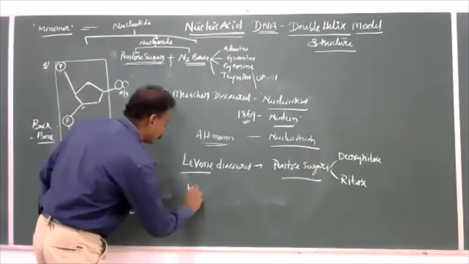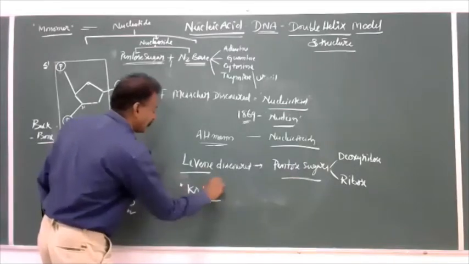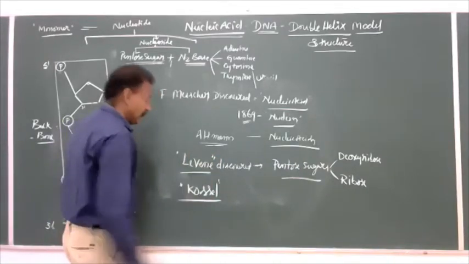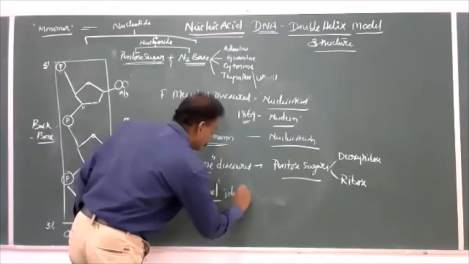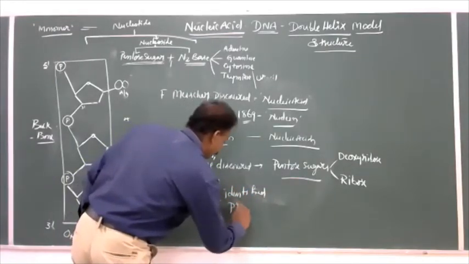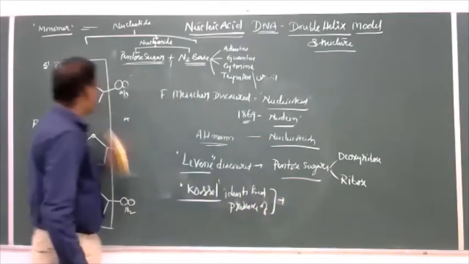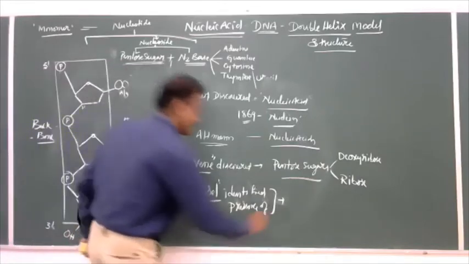So gradually, Kossel identified the presence of purines and pyrimidines.